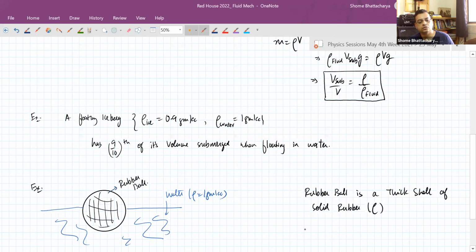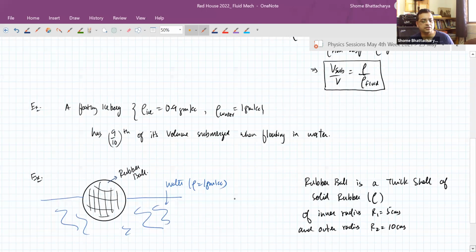This is of density rho, with inner radius, say R1, equal to 5 centimeters, and outer radius R2 equal to 10 centimeters.